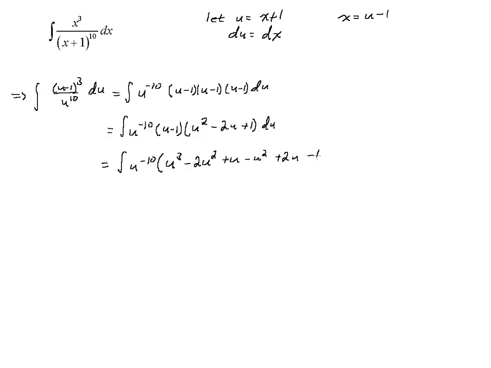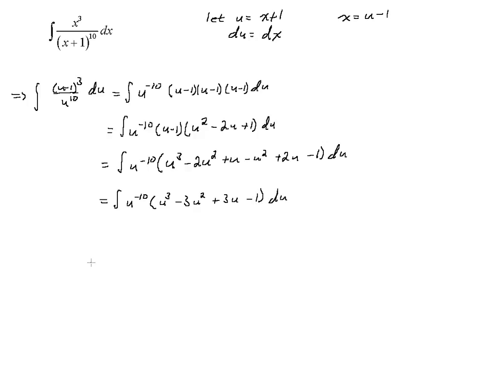And then before I distribute this u to the negative 10, I'm just going to collect my like terms inside these parentheses. So u cubed is by itself. We have a negative 2u squared and a negative u squared, so that makes a negative 3u squared, and then a positive u plus a 2u is plus 3u, and then there was just negative 1, and then du.